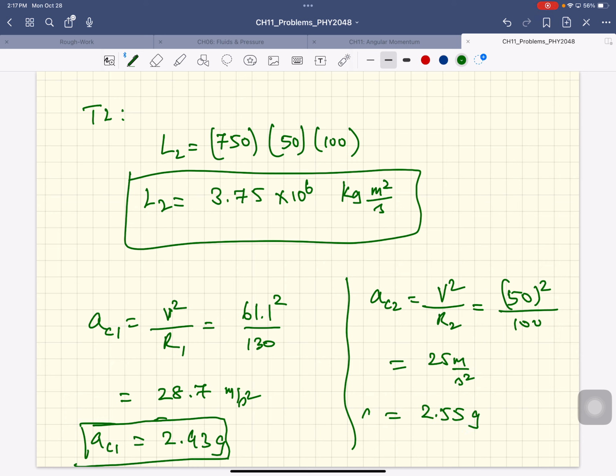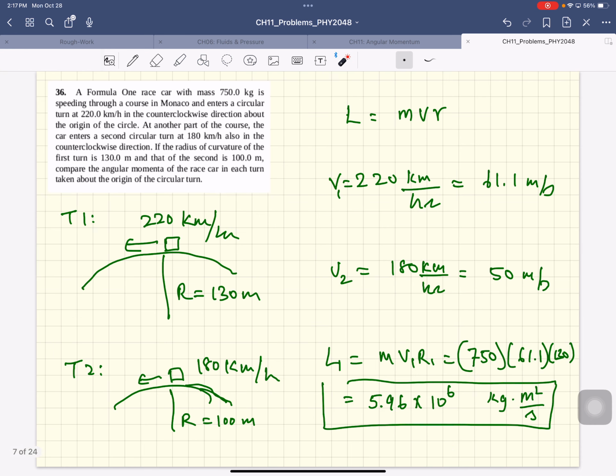Okay, so the centripetal acceleration around turn 2 is only 2.5 G's. Okay, it's the stickiness of the tire, the static friction, that's providing you the centripetal force. So the tires were sticky enough, you could have gone faster around that turn, and you didn't. So you left something on the table.